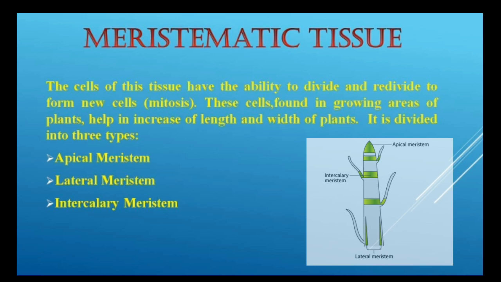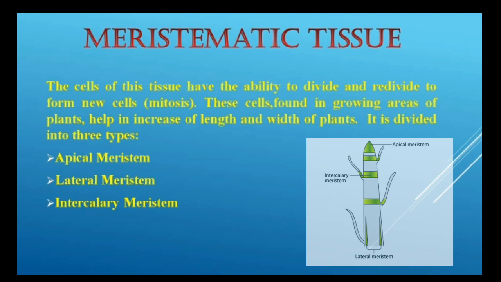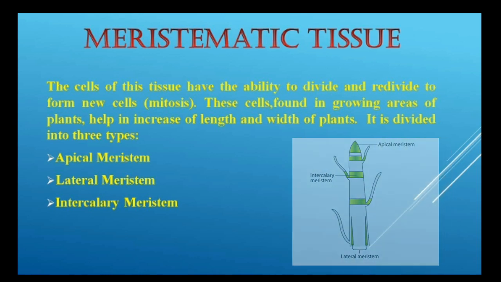That means these meristematic tissues are found in the tip of a stem and the roots, so that these plants can increase as much as possible. Meristematic tissues are divided into three types, that is apical meristem, lateral meristem and intercalary meristem.